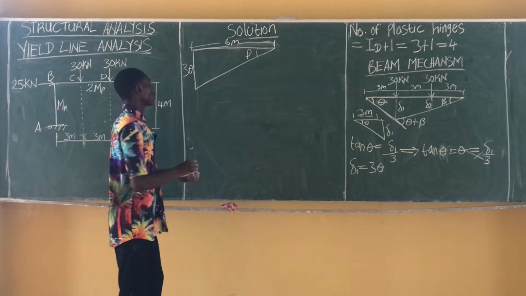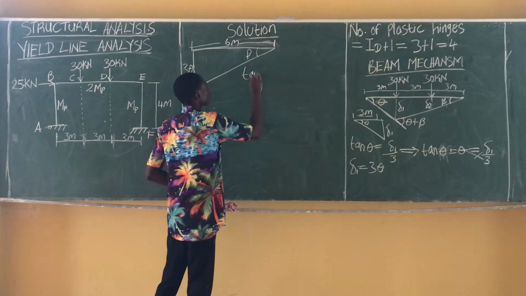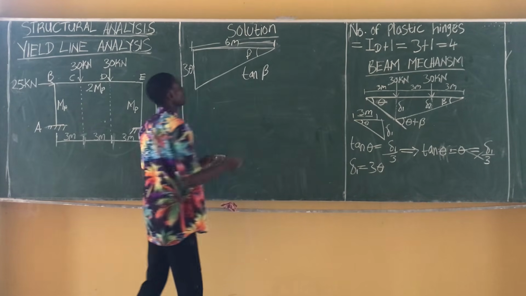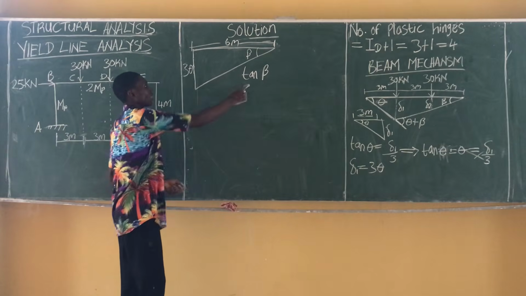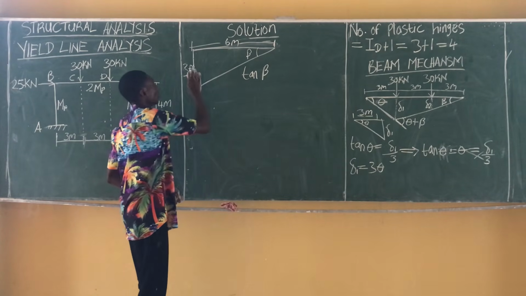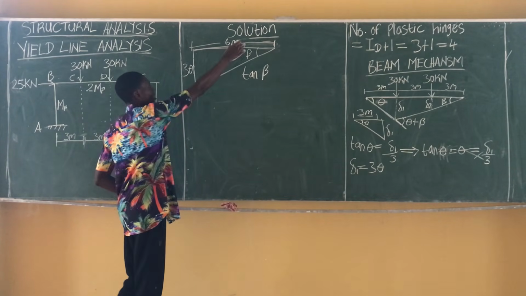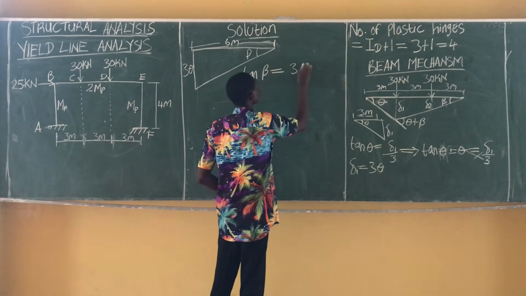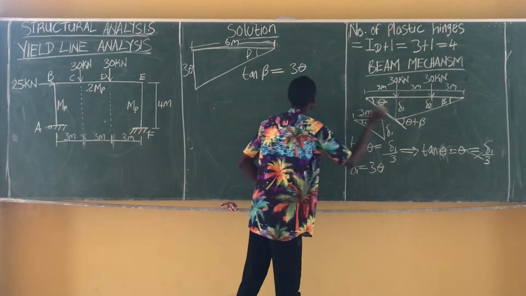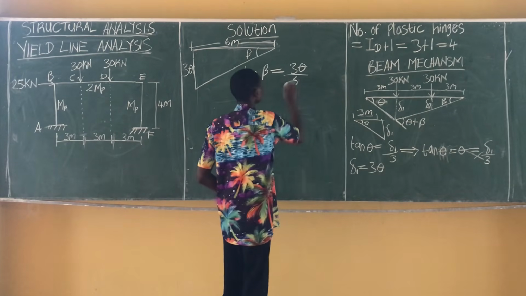Now, if we take tan beta, this is directly opposite this angle. Remember that tan is opposite over adjacent. So tan beta is going to be equal to 3 theta, which is our opposite, which is our deflection 1, all over 6.